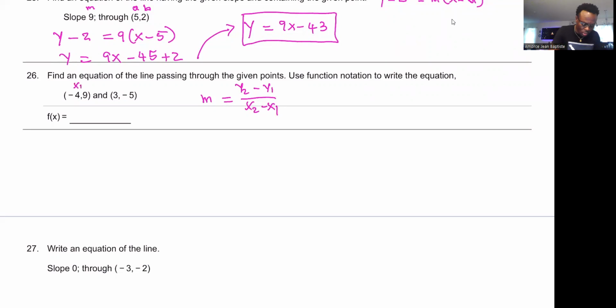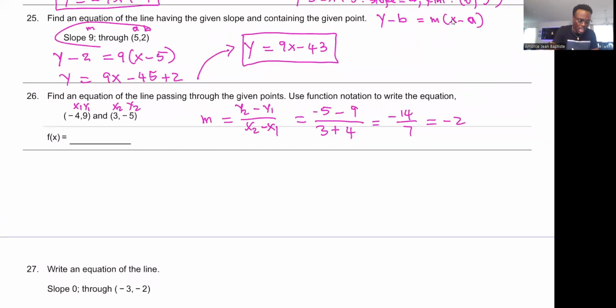So if I call this one x1, y1, and this x2, y2, I can use this formula to say that my slope is -5 minus 9 over -3 plus 4, which is -14 over 7. Slope m equals -2.